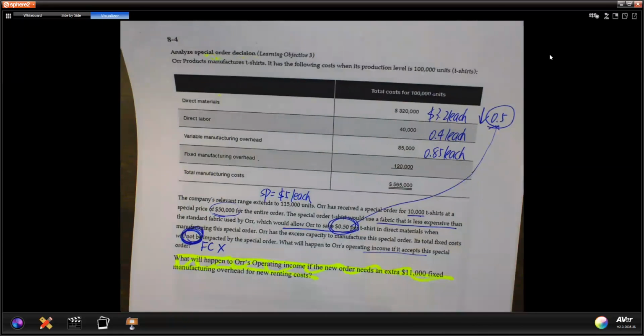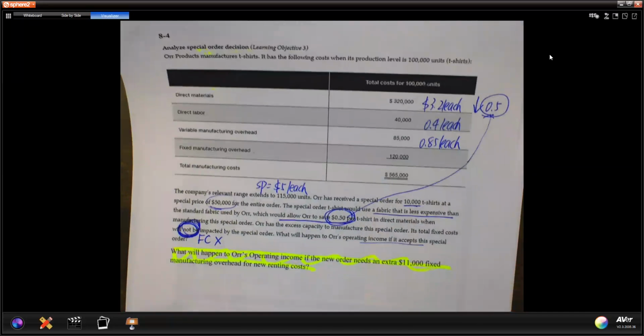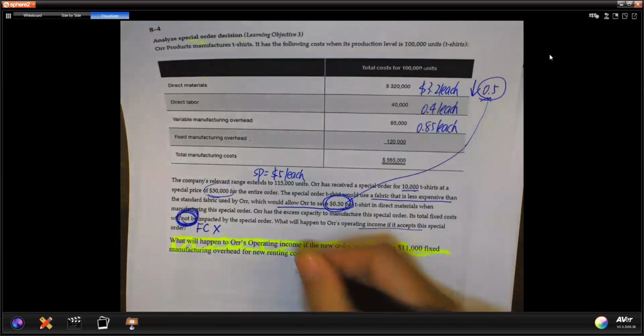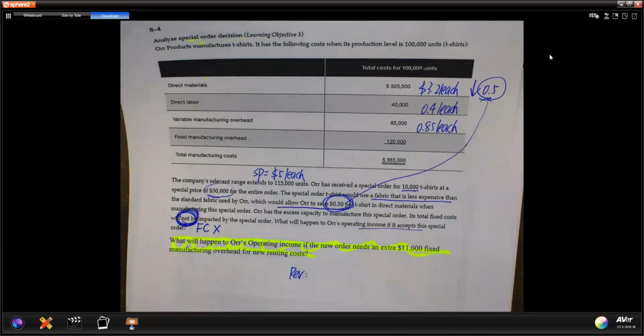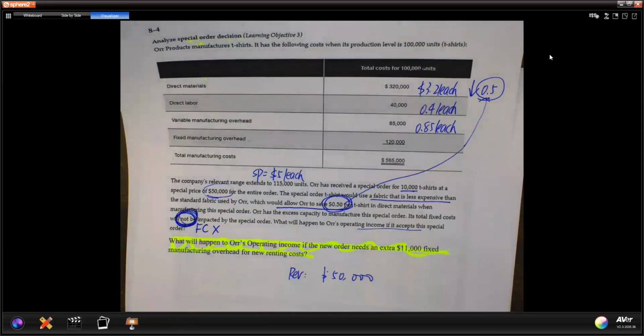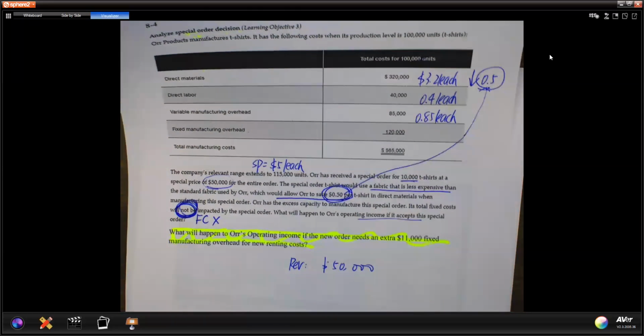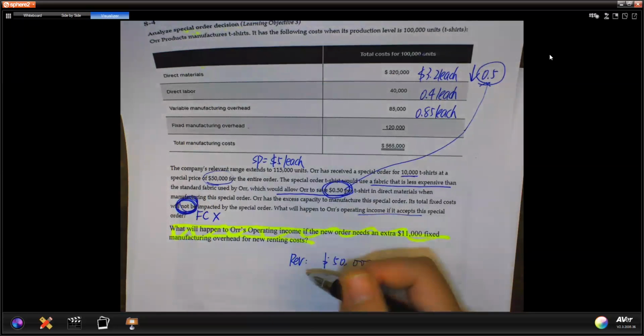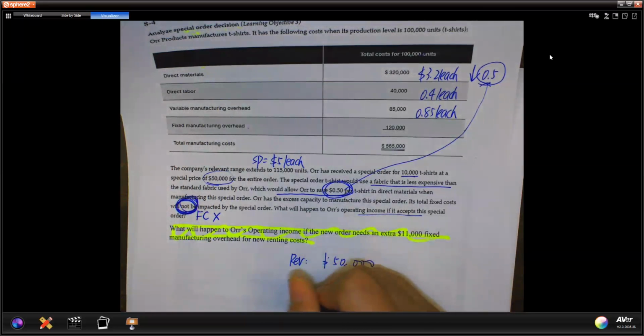So we just do incremental. If you take the order, your revenue will increase by $50,000. That's your incremental revenue. And then you also have incremental direct material.